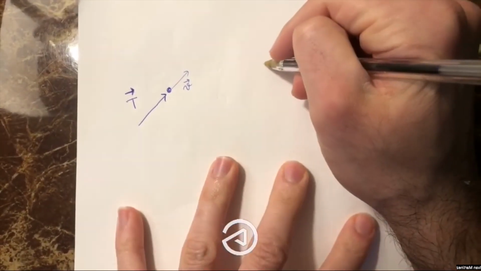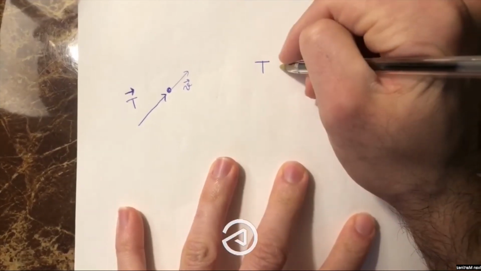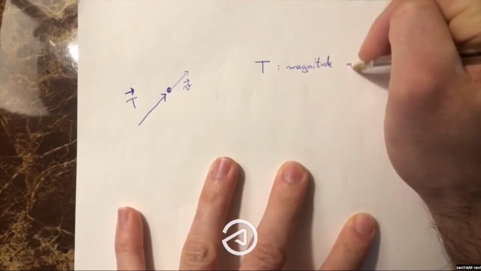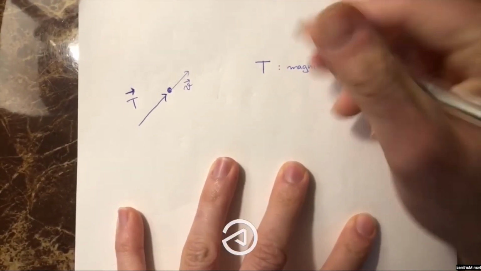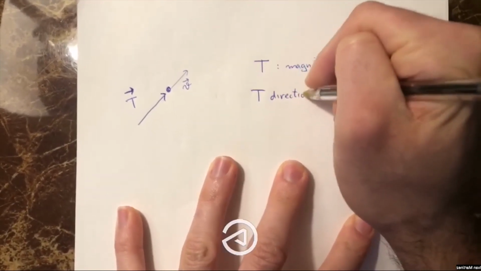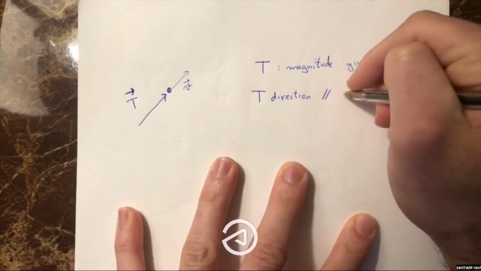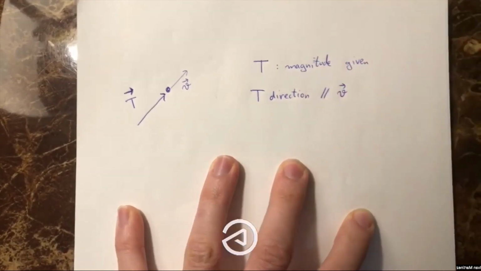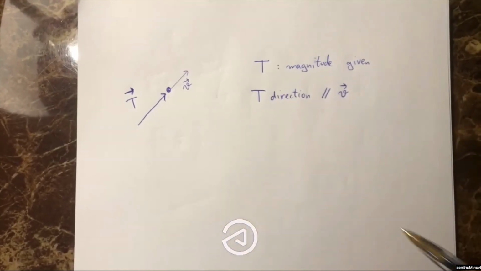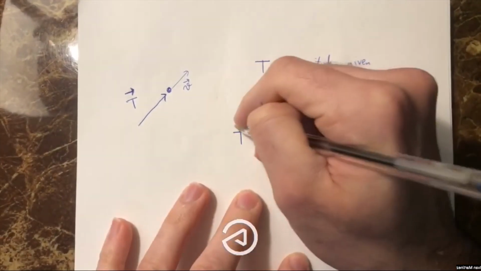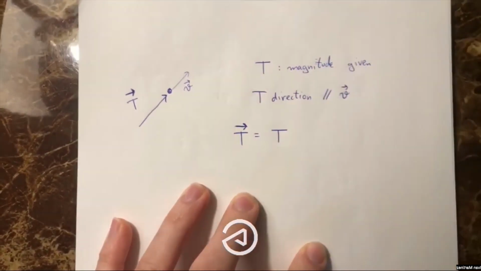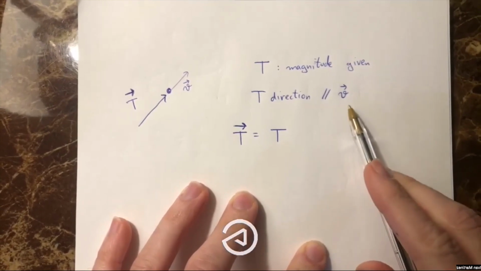If you're given the magnitude, and you're given that the thrust direction is parallel to the velocity, how can you express thrust as a vector? Thrust as a vector is the magnitude, and then the direction comes from the direction of the velocity.